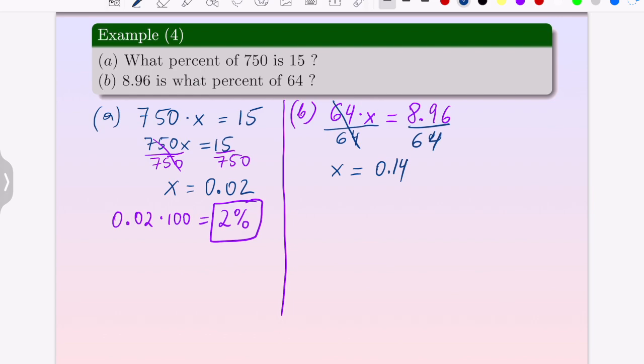This is my percent in decimal form. So to change it, we would multiply 0.14 times 100, and we get the percentage form, which is 14%. So 8.96 is 14% of 64. 14% of 64 is 8.96.